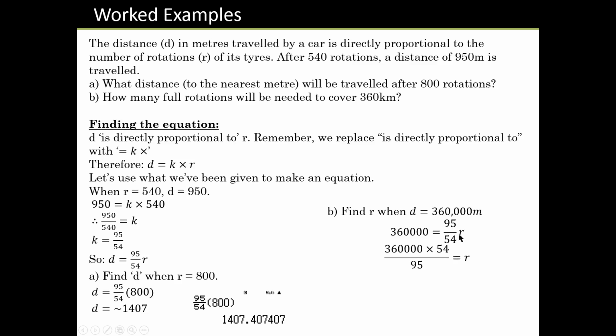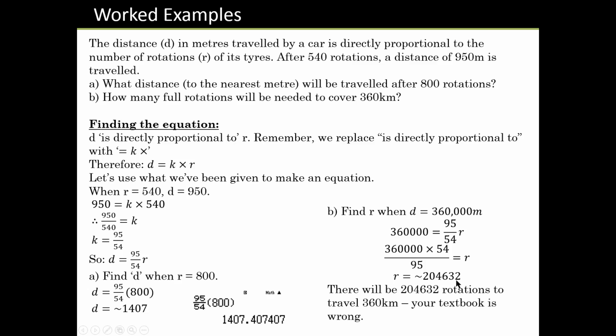Dividing on the left, and 54 is multiplying on the left. Put it on a calculator, you get roughly 204,631 point something, but we have to round up because we have to travel 360 kilometers exactly. So just round up, you get that. To travel 360 kilometers, your textbook is wrong in this.